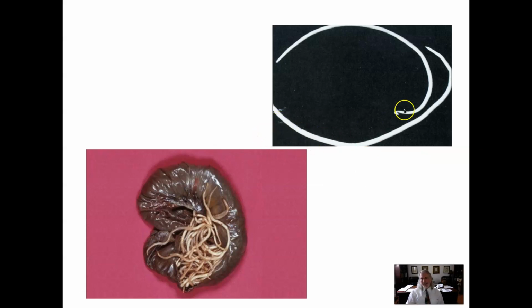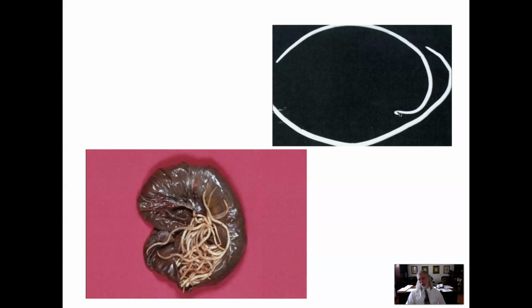Okay, this is Ascaris, also called pigworm. These 2 worms here, this is one worm, this is another worm. These are male and female. And the way that you can tell the difference between a male and female pigworm is this part here. On the male, at the posterior end, again, where's that?